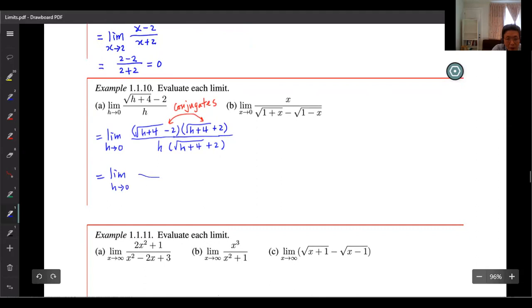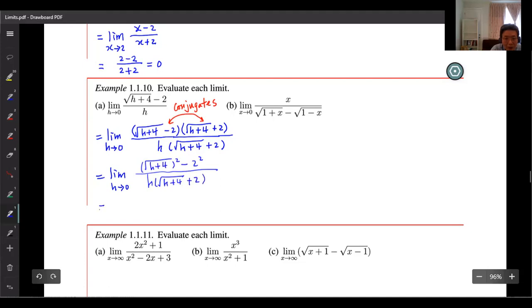So for the numerator, we use this pattern. Does everybody remember this pattern? Just quickly recall this. This is a difference of squares pattern: you square the first term, subtract the square of the second term. Let me show one more step. If you already know this, you can skip this step.